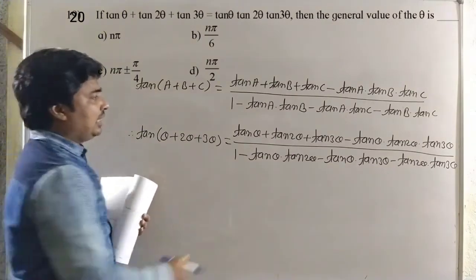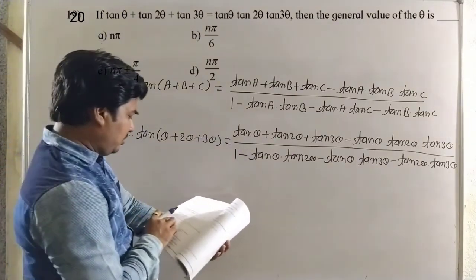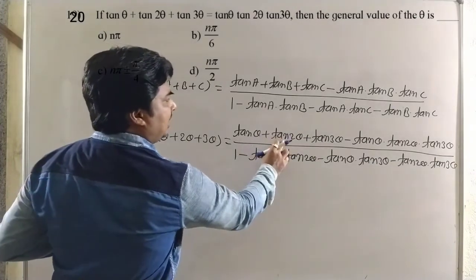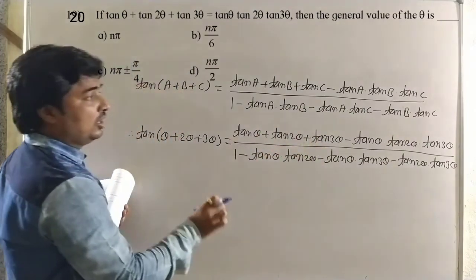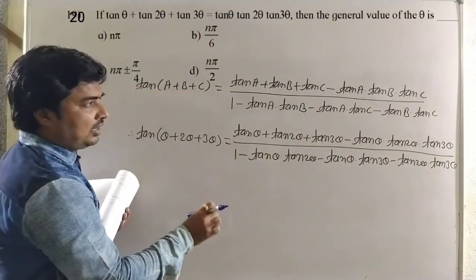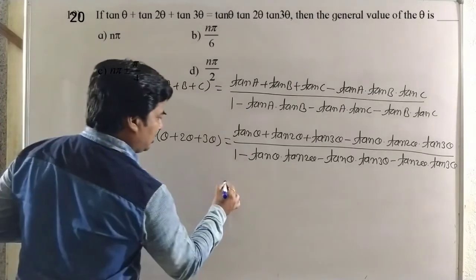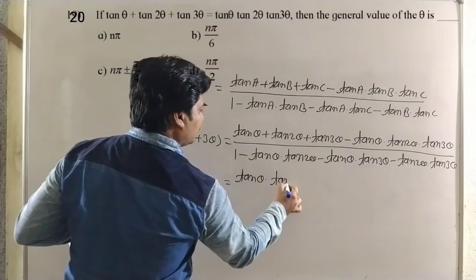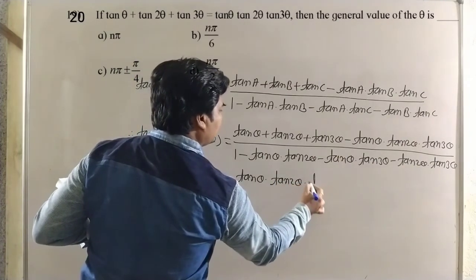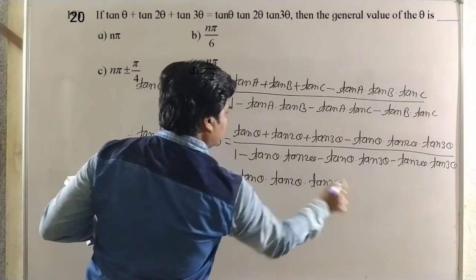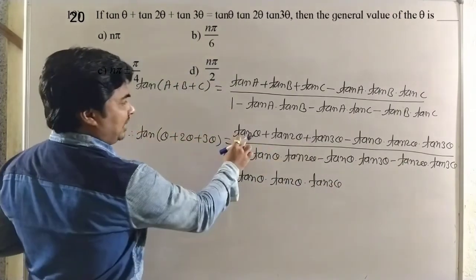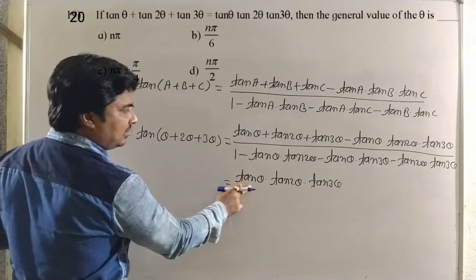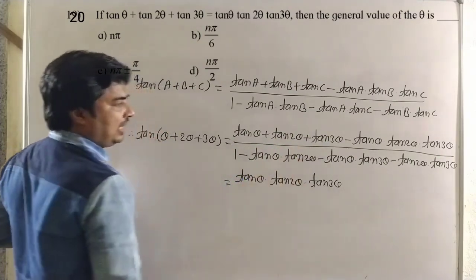Now here it is given that tan theta plus tan 2 theta plus tan 3 theta is equal to tan theta into tan 2 theta into tan 3 theta. Therefore we write here tan theta into tan 2 theta into tan 3 theta.